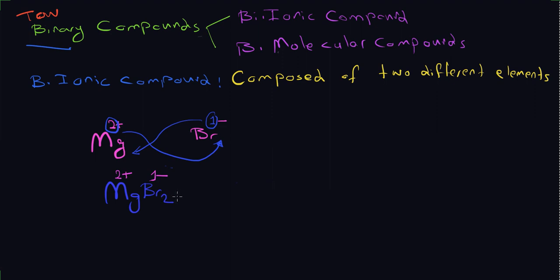Take care, please. So 1 multiplied by plus 2 is equal to 2. So 2 multiplied by minus 1 is equal to minus 2. Now the total number of positive charge and negative charge is equal to 0. Now the compound is balanced, MgBr2. This is the first example.